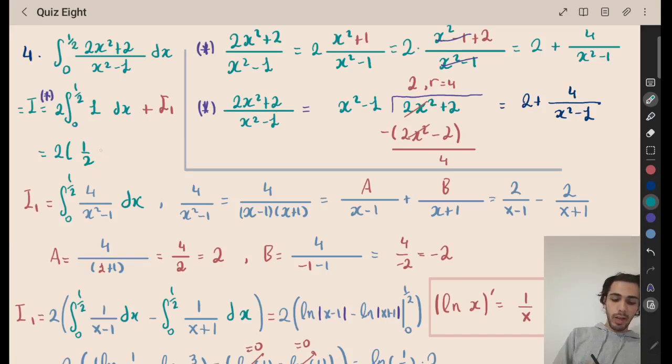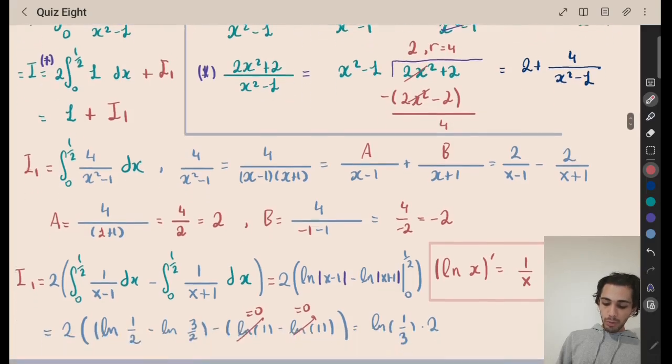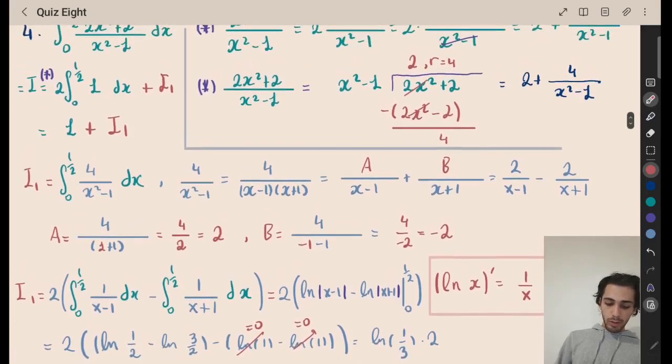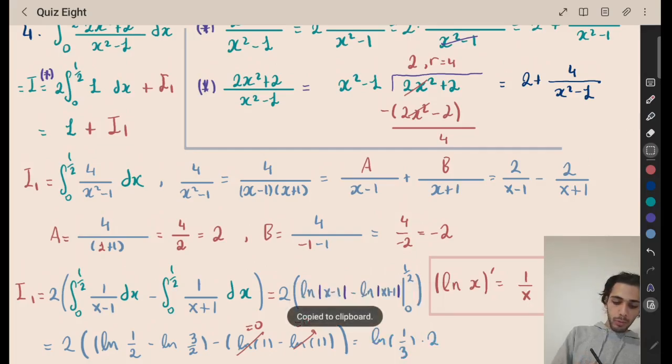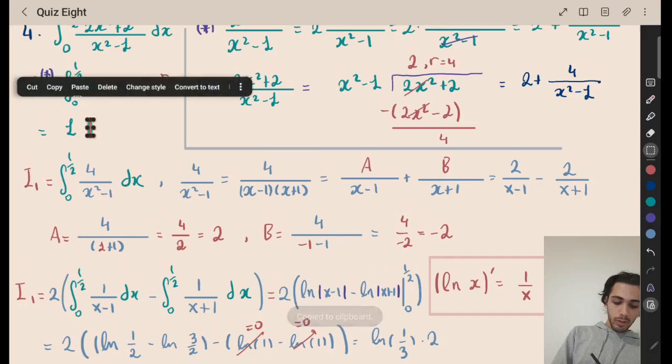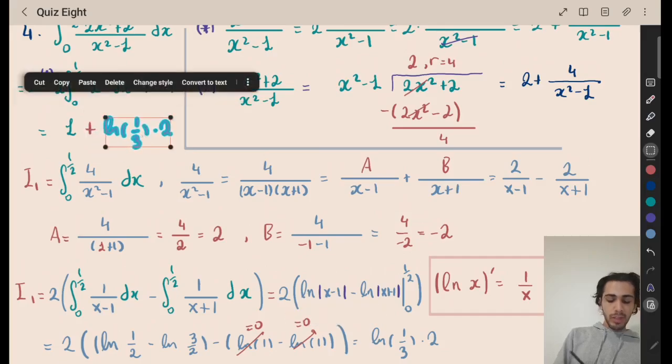Half minus 0 is just half, and 2 times half is just 1. You get 1 plus I1. But we're still computing the value of I1 here. It's saying that the value of I1 is ln of 1 over 3 plus 2. But that's fine. And why is that?